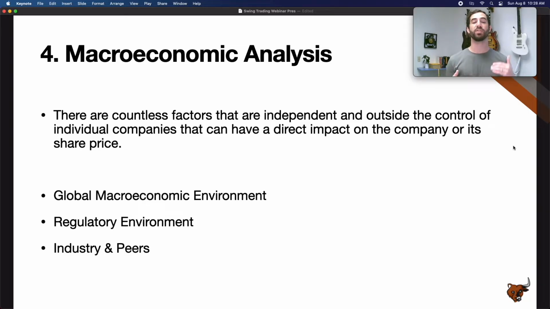Or for example, Nvidia acquires ARM, two different types of technologies that are used for building semiconductors, just created this powerhouse. And if you're considering a trade in a peer or in that company, you want to know what's going on. Okay, you want to be aware of these things.